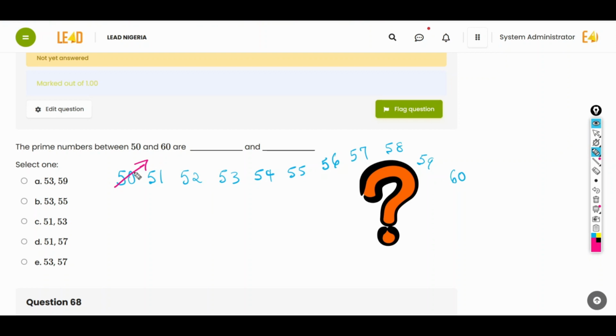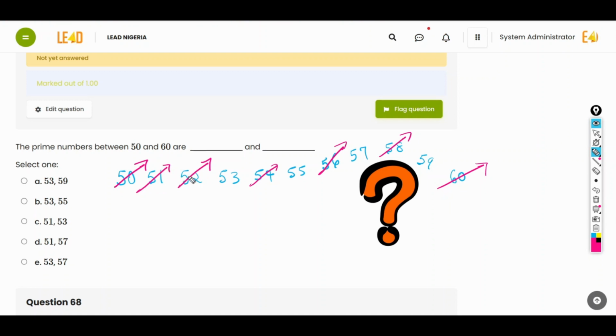In fact, we can take out all the even numbers because they can all be divided by 2. Now let's deal with the odd numbers. 51 can be divided by 3. Why? Because if you add up the digits, it gives you a value that is divisible by 3. So that means this is out of it.